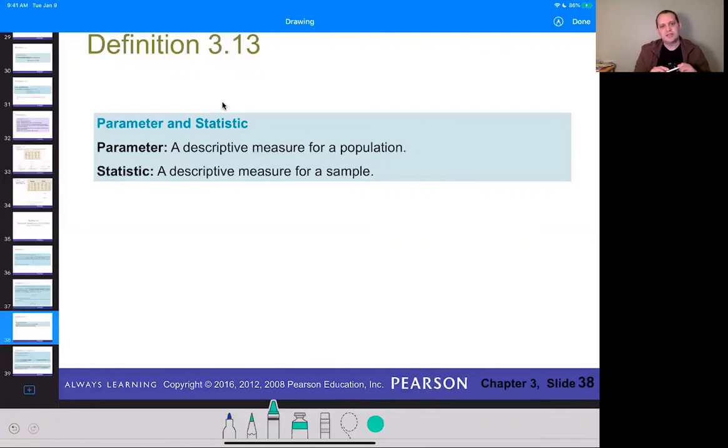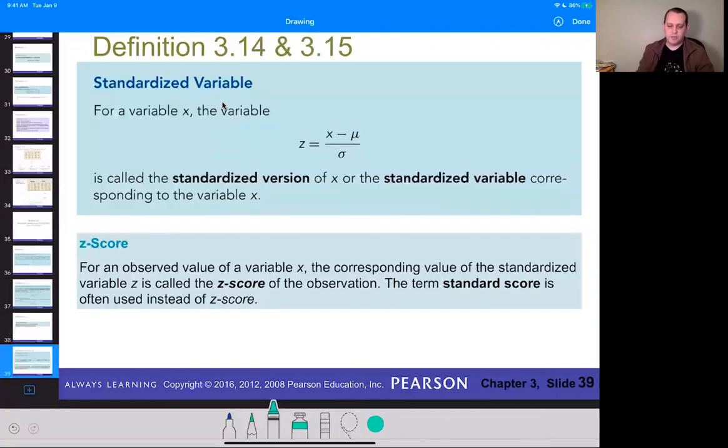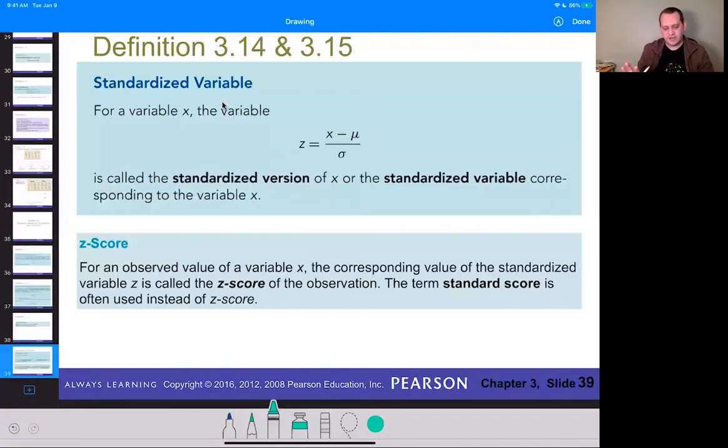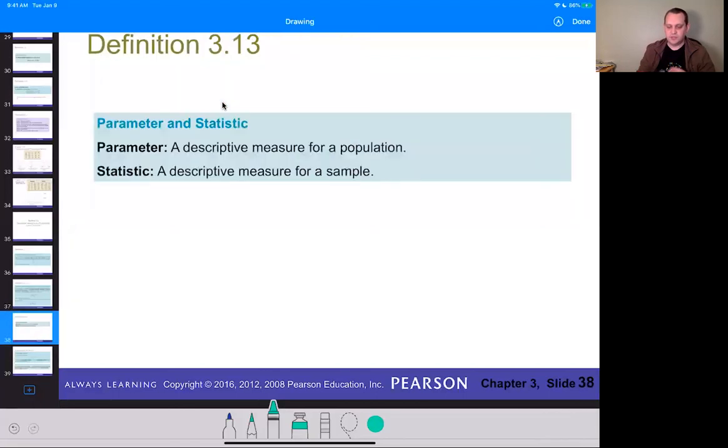So when we do statistics, we're kind of inherently talking about samples. That's the difference between a parameter and a statistic. I'm actually going to put off standardized variables until chapter 5, so we'll talk about that later. But that's a parameter versus a statistic. So a parameter describes a population, a statistic describes a sample.